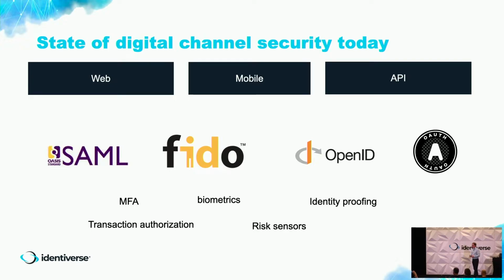And on top of there, we've got the ability to plug in risk sensors, so we can consume lots of information about where the user's coming from, what their usual behaviour pattern is, what their usual devices are, etc. We can pull that into the overall picture to increase our security.